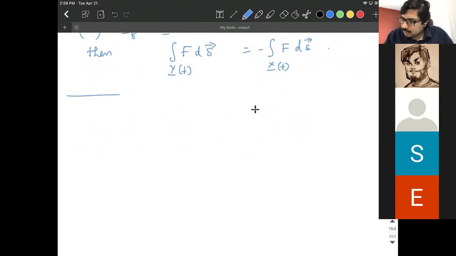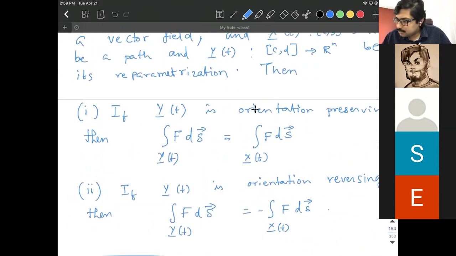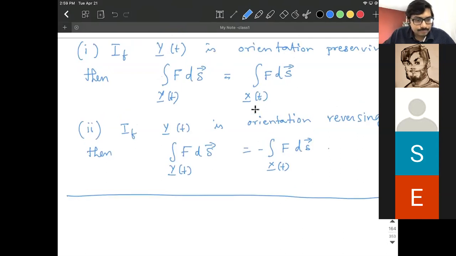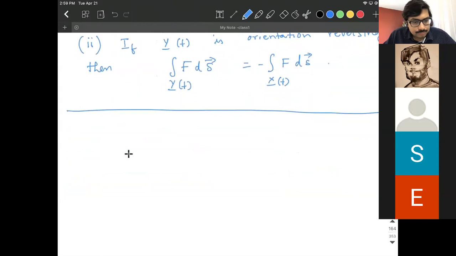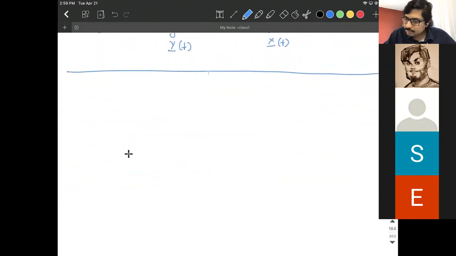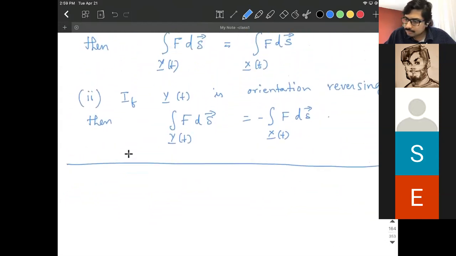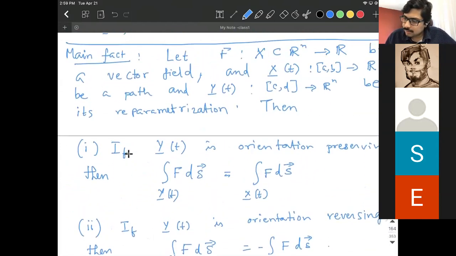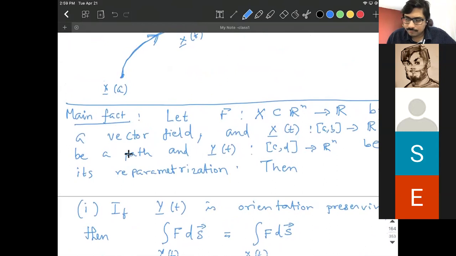Okay, so that's more or less everything that you need to know about line integrals. So any questions about this part? Anything that you are not clear about? So the main thing is to understand what's going on in the vector line integral.